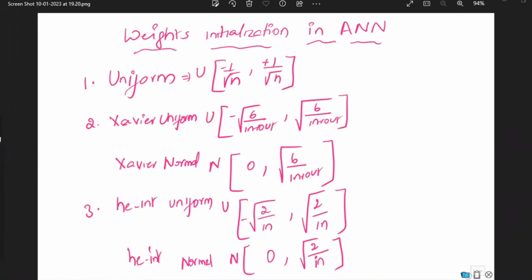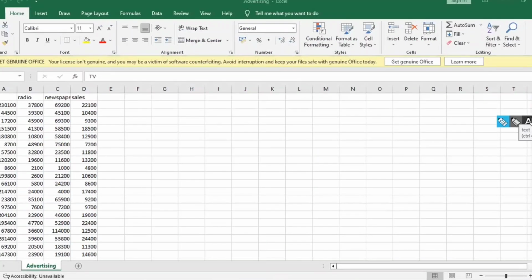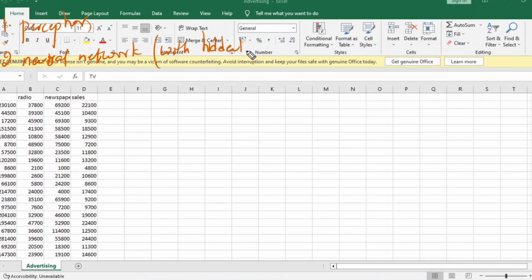Okay. Now, once it is done, till now whatever we have discussed, let us see how to create the neural network. For this data set, first I want to try the perceptron model. Question number 1, perceptron model. Question 2, I want to try a neural network with hidden layers equal to 1 and neurons equal to 4.